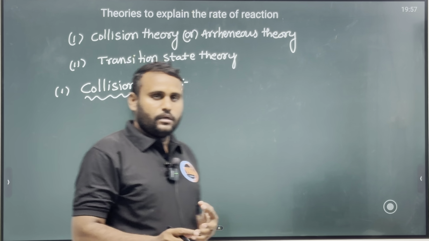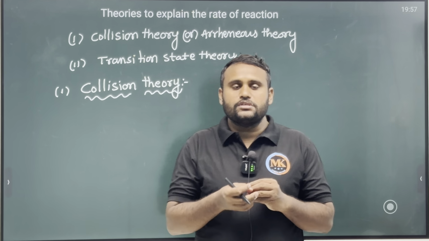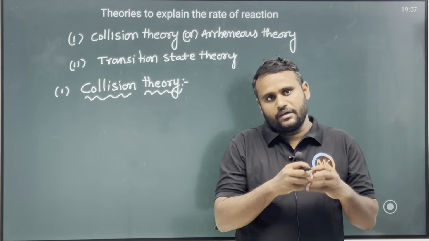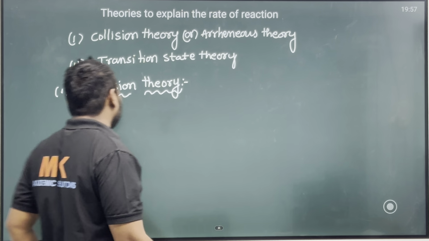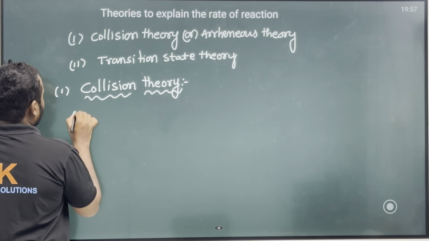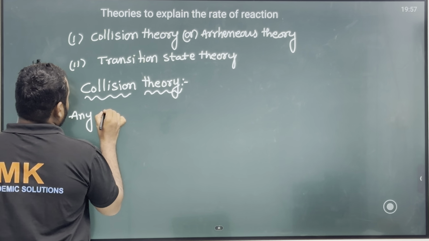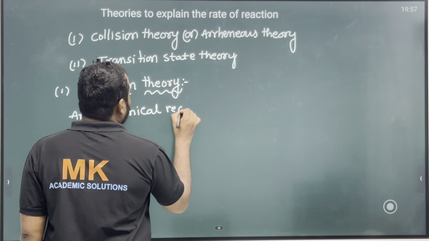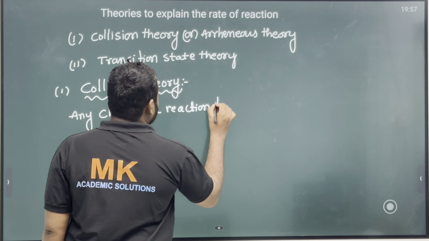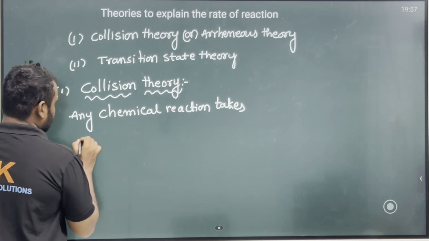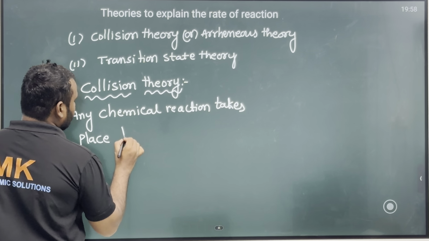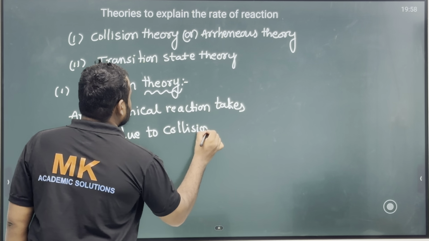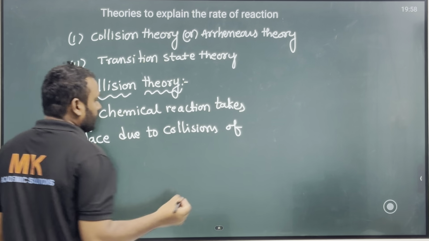According to collision theory, any chemical reaction takes place due to collisions of reactant molecules. Collision means colliding, colliding means hitting one another. That is known as collision.